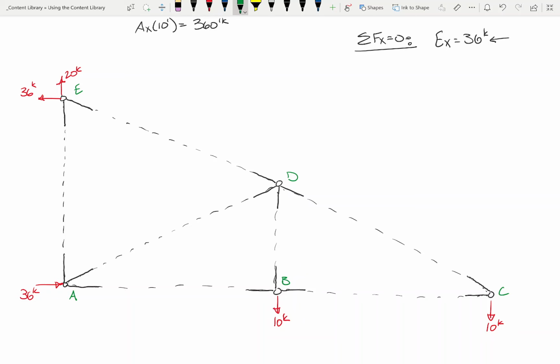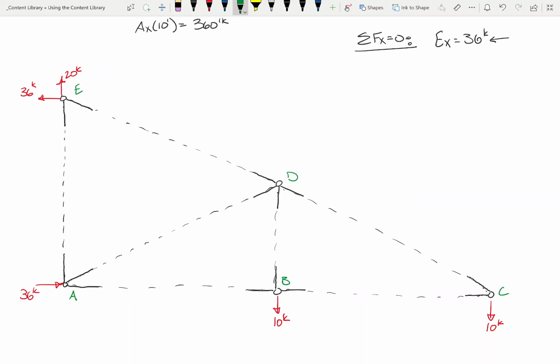Okay. All right. So now let's do a solution strategy. Let's figure out what order we want to solve our joints. Do we want to solve this joint first? We can't. Why? There's more than two. Exactly. There's 1, 2, 3, 4 members framing into joint D. We can't do that.